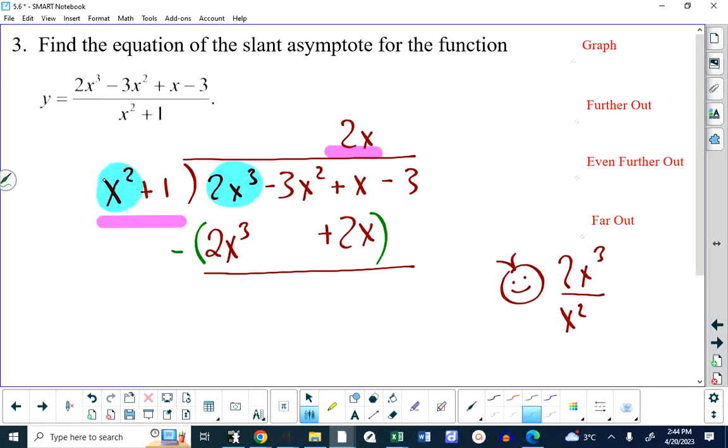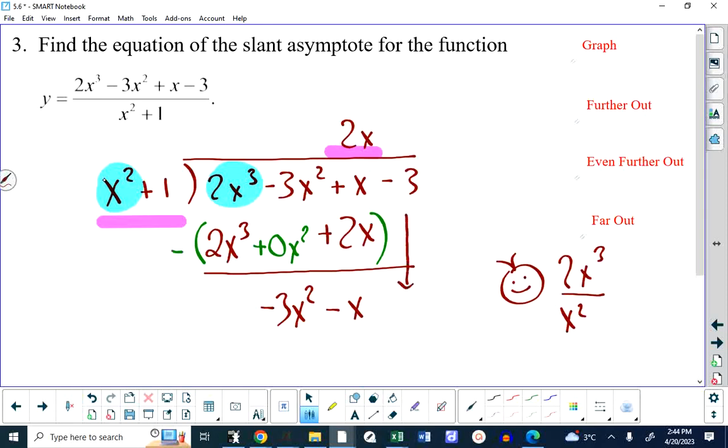Now, what do you do here? Negative 3x squared minus, well, some people might want to put that there just to make sense of it. I do. Unless I see that there, I'm a little confused as to what it is I'm supposed to do. So negative 3x squared minus nothing is still negative 3x squared. And then x minus 2x is negative x.